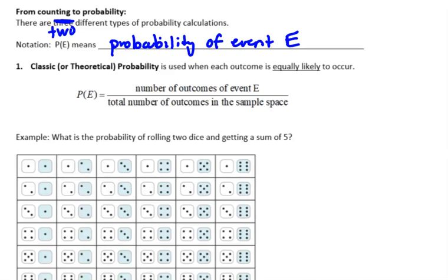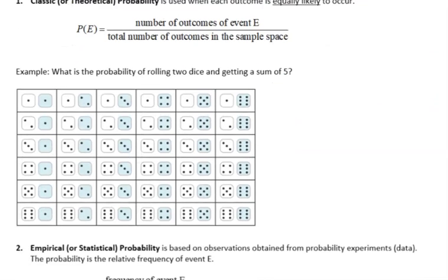All right, so let's look at an example. What is the probability of rolling 2 dice and getting a sum of 5? This is my event E. So E is rolling 2 dice and getting a sum of 5.